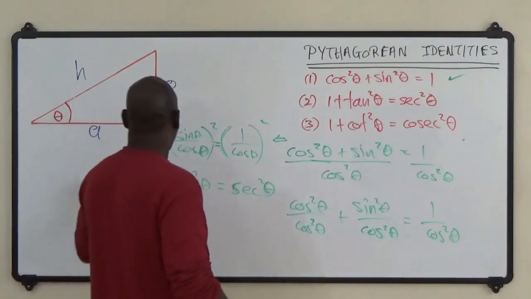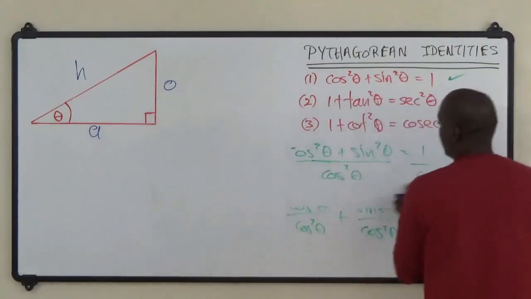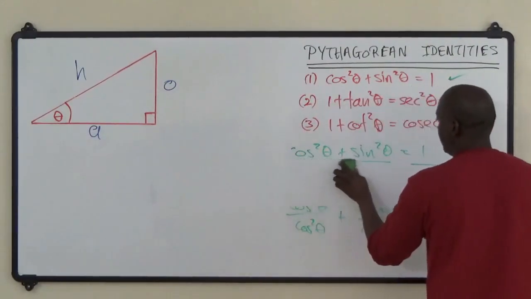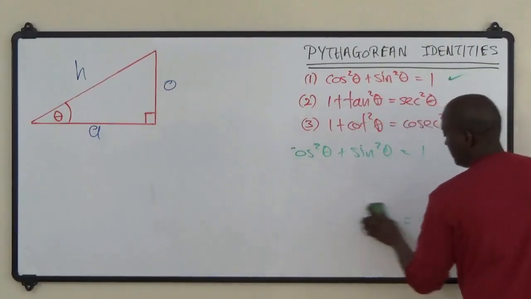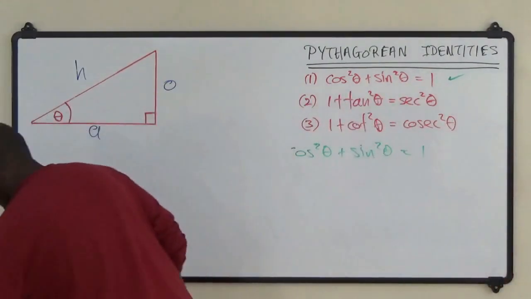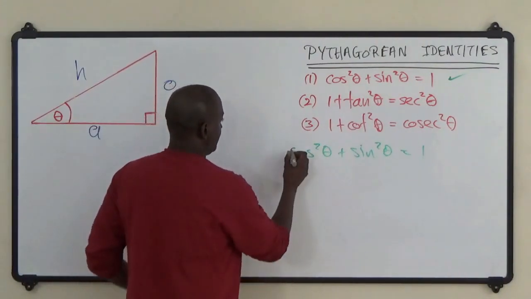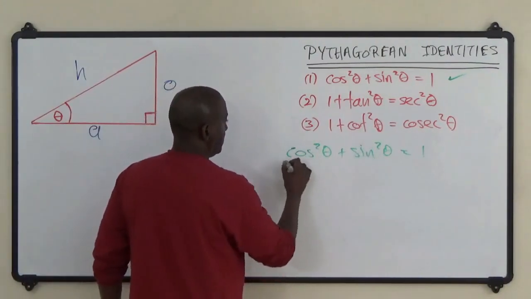So, again, we're going to do the same thing. We start with the same equation. But instead of dividing by cosine squared, we divide by sine squared. All right? So we divide by sine squared now.